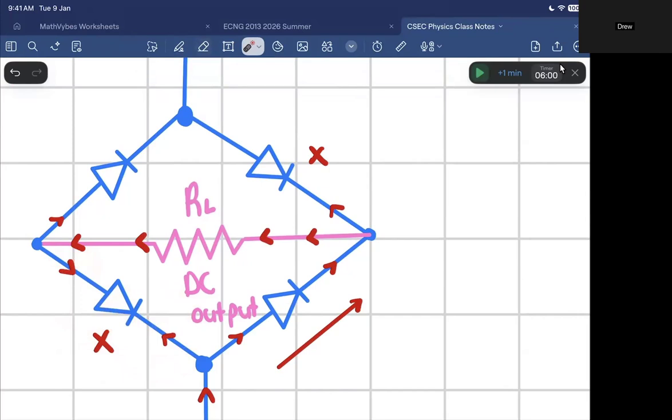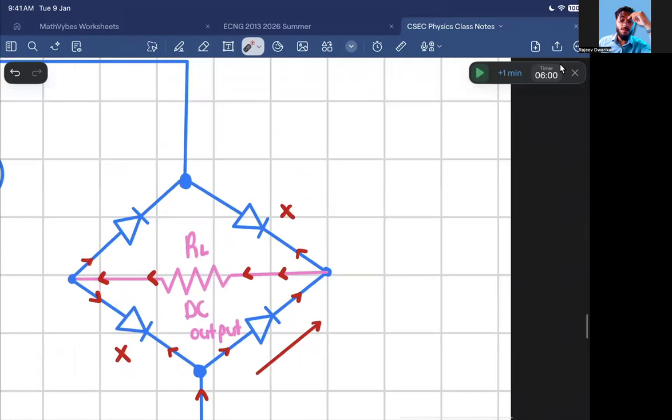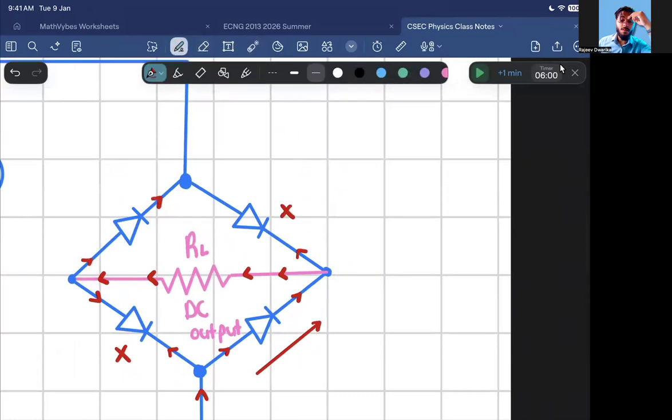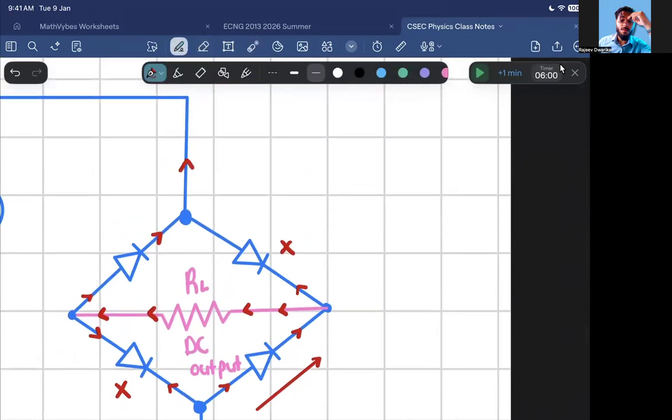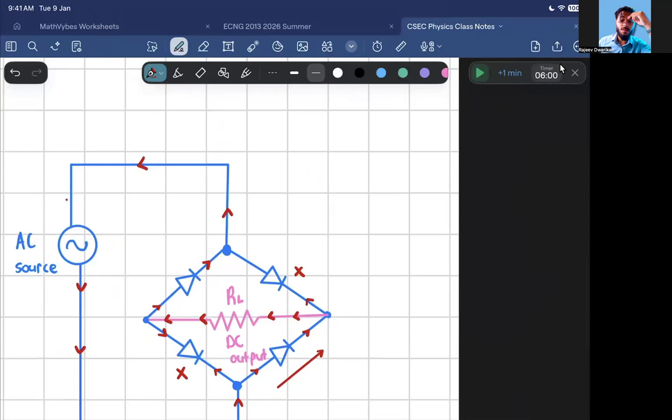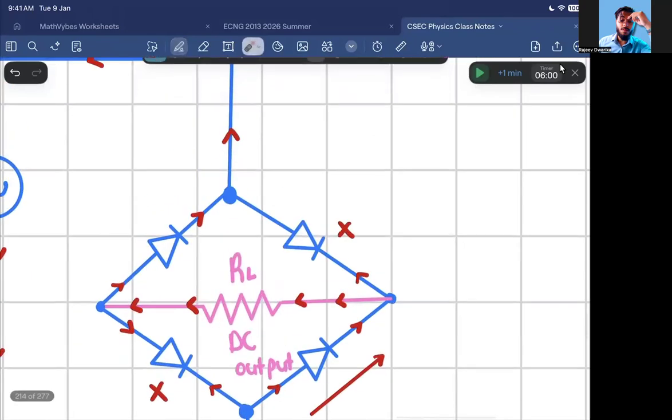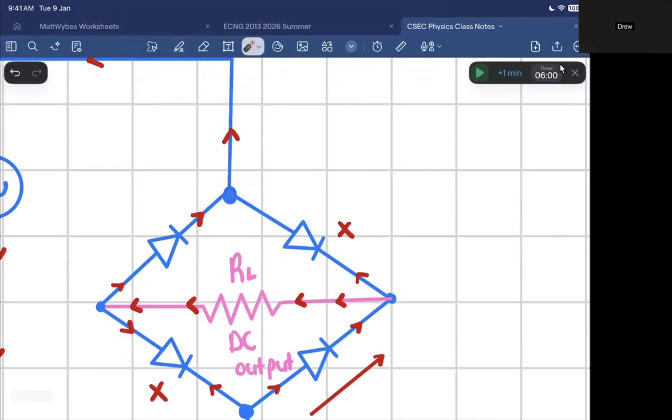Yes, sir. So the current continues flowing here and it completes the circuit. Let me know if you're seeing that. And you're probably saying, but sir, the current goes split over here, and the current goes split over here, technically it's supposed to split.